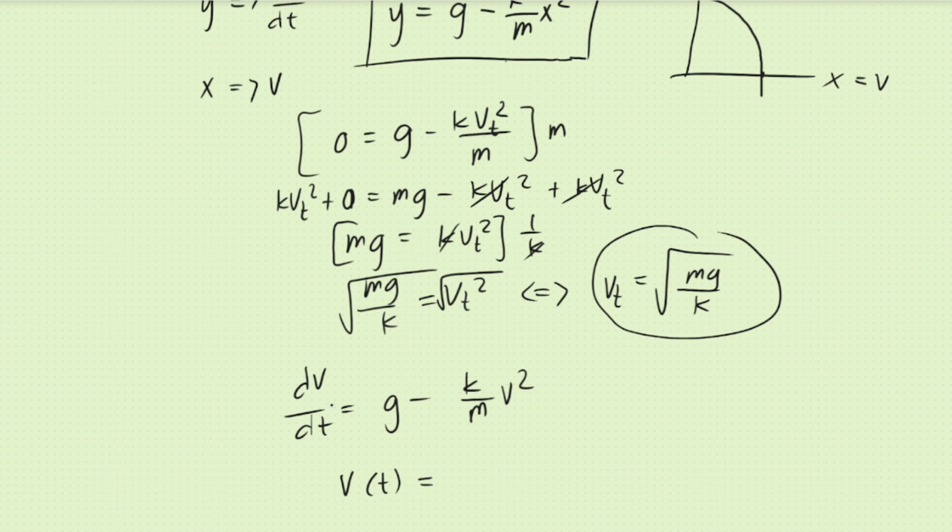We're going to use this first order nonlinear differential equation to solve for v of t, and we're also going to express v of t in terms of vt, and in terms of m, g and k. Okay, that's all for now, and I'm going to look for my other video which solves for v of t.